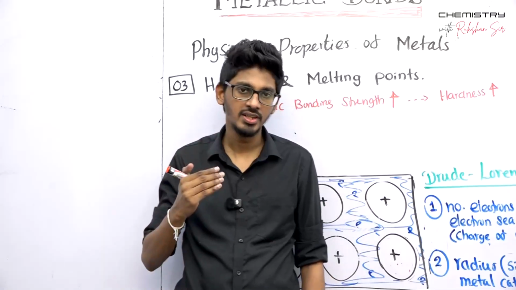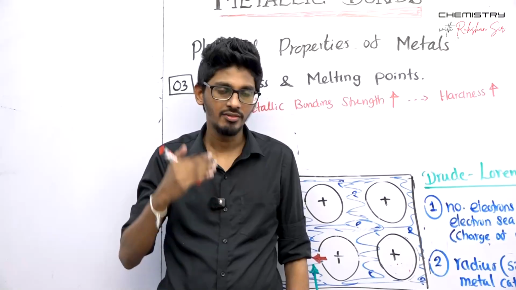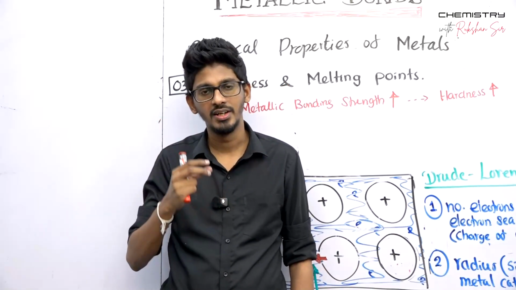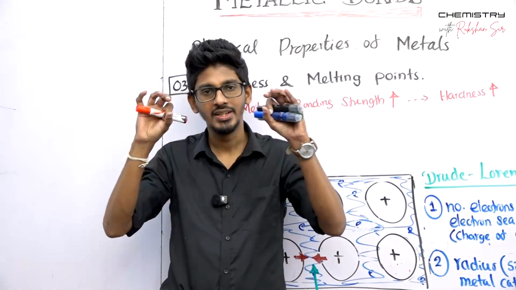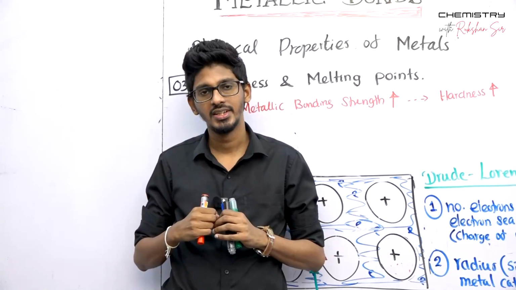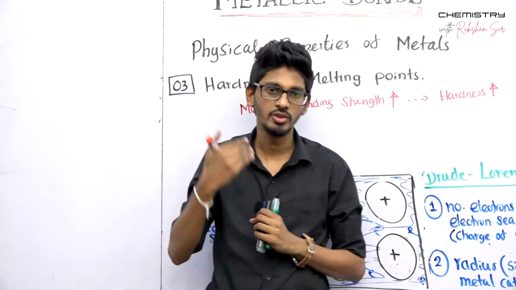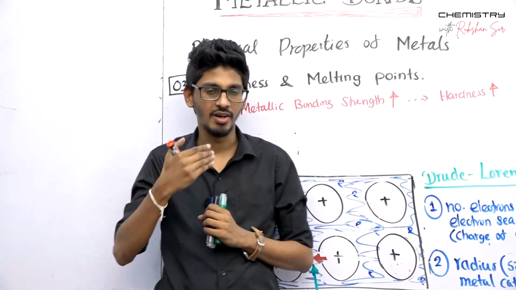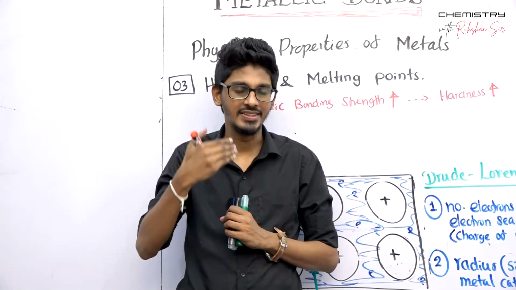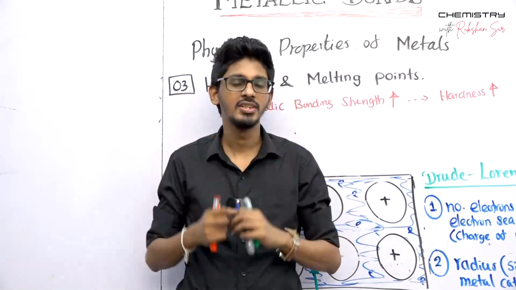When converting a solid to a liquid, what happens at the molecular level? Particles get apart from each other. In a solid, the particles are very closely bound. In a liquid, the particles are a bit apart from each other. So the supplied heat is used to put the particles apart from each other.